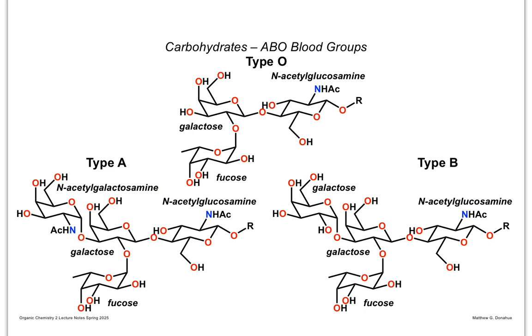And then from O to B, what are we doing? That H has just been substituted for galactose. And then the difference between A and B is that secondary position, that N-acetyl part is just OH.